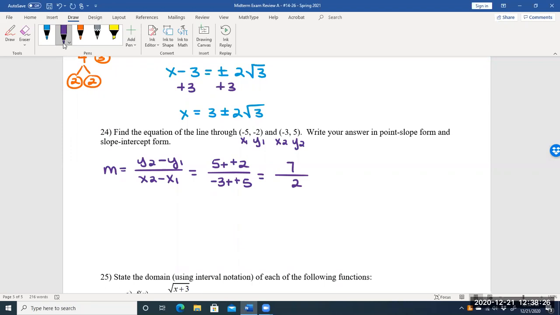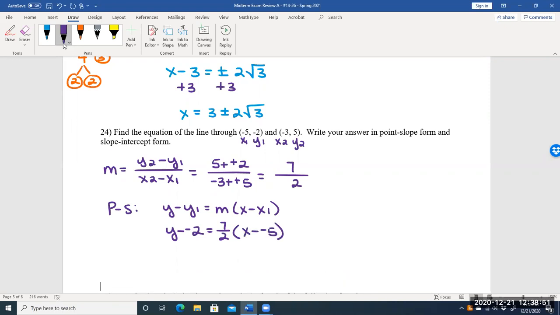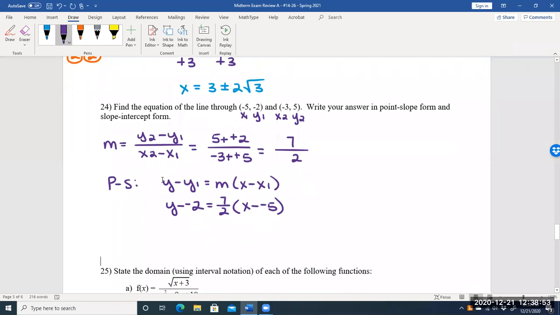Point slope form is y minus y1 equals m times the quantity x minus x1. So it's going to be y minus a negative 2 equals 7/2 times the quantity x minus negative 5. Now you can actually use either point, it doesn't matter.